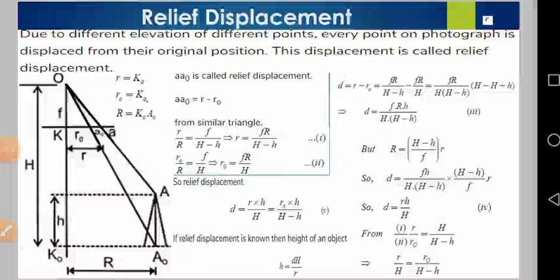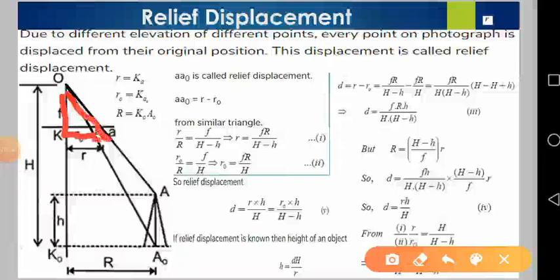Now from the similar triangle concept, if we take two triangles here, this is one triangle portion and another is this particular portion.